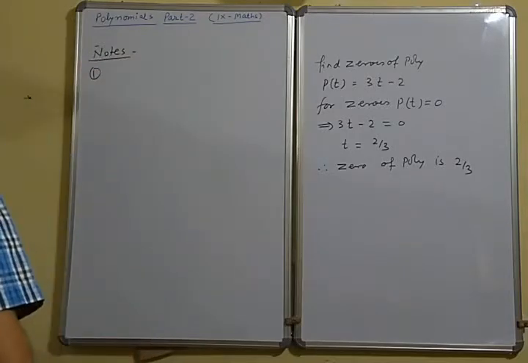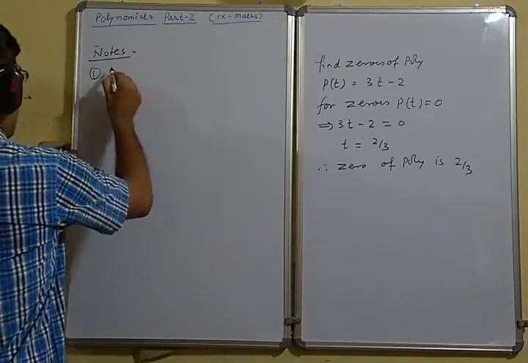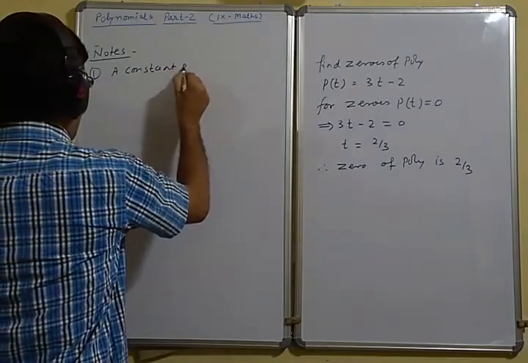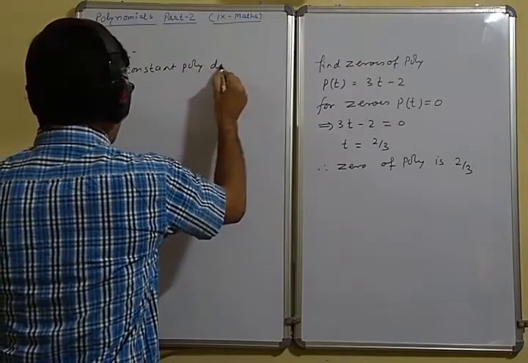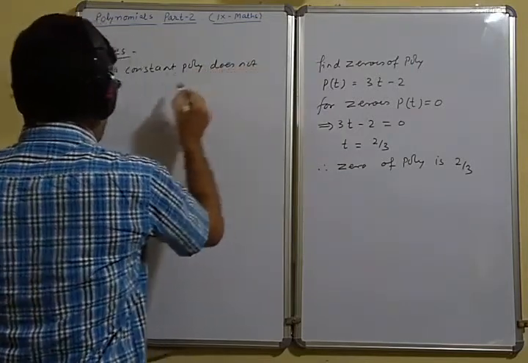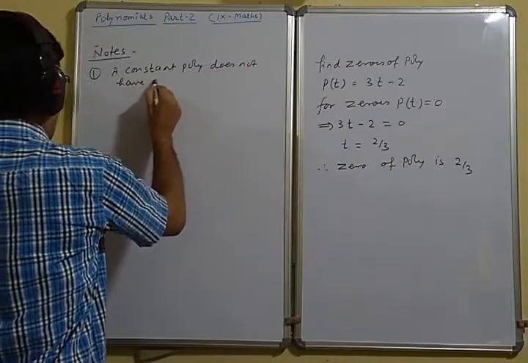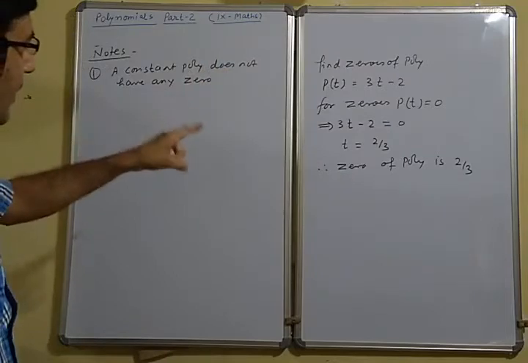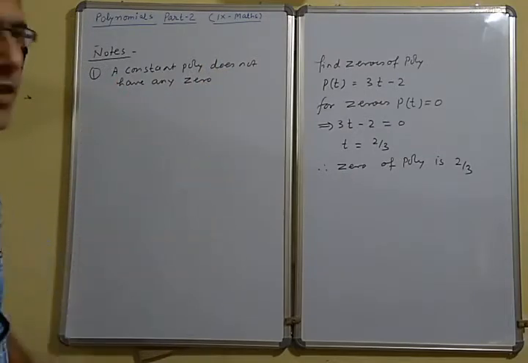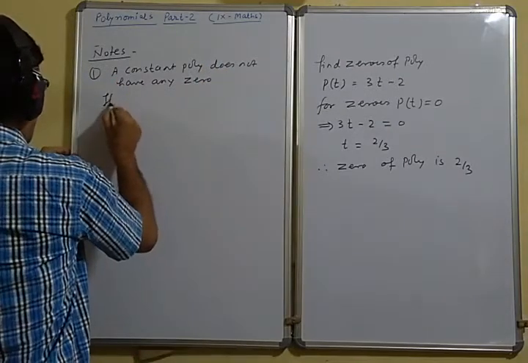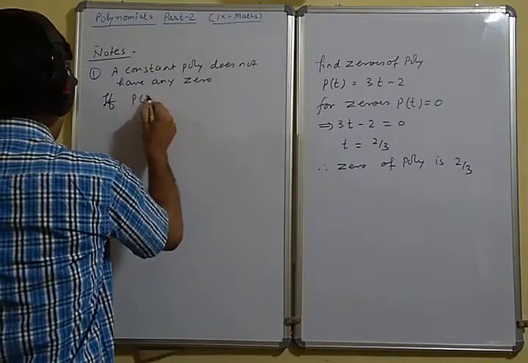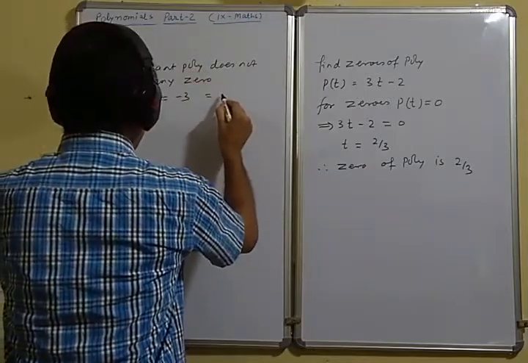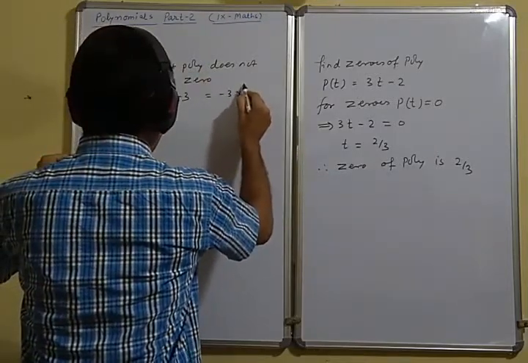First point, a constant polynomial does not have any zero. If any polynomial is written as P(x) equal to minus 3, then you can say that it becomes minus 3 x raised to power 0.